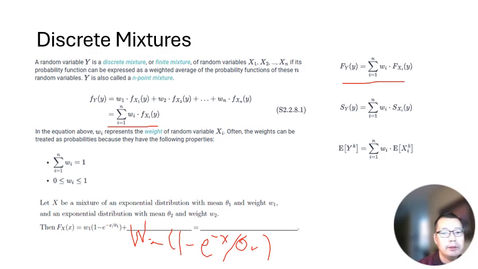Then if we consolidate these two, w1 plus w2 will become 1 because there are only two weights, w1 and w2, so they add together to be 1. So it will be 1 minus e to the negative x over theta 1 minus e to the negative x over theta 2. That's the answer for this.